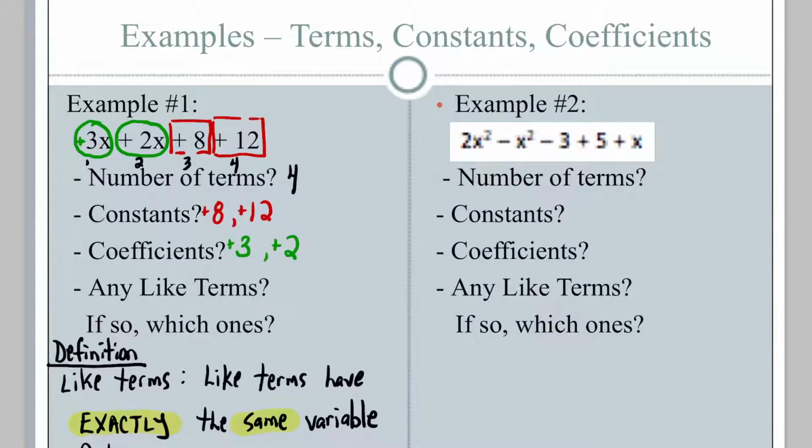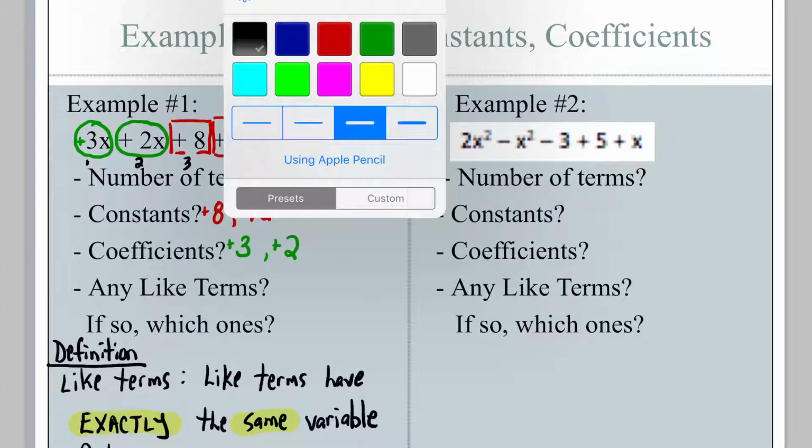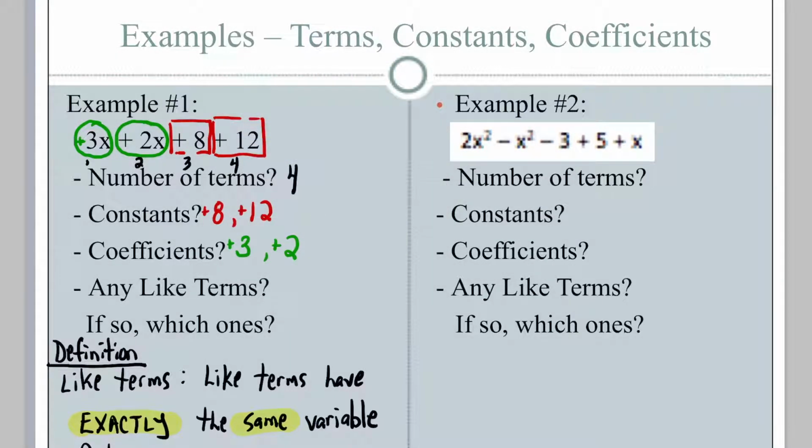When we talk about variable factors, these are the letters that we use as placeholders for numbers that can be substituted in. It's important that we focus on this word exactly. We have to have not only the same variable, but that same variable must be to the same exponent or to the same power.